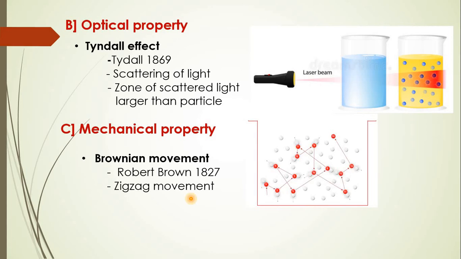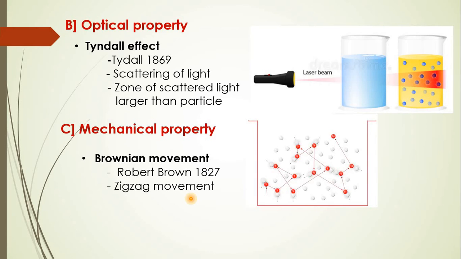This phenomenon is called the Tyndall effect, and the illuminated path is called the Tyndall cone. This phenomenon was first observed by Tyndall in 1869, and the Tyndall effect is due to the scattering of light by the colloidal particles. Since the dimensions of colloidal particles are comparable to the wavelength of ultraviolet and visible radiation, they scatter these radiations and get illuminated, right?